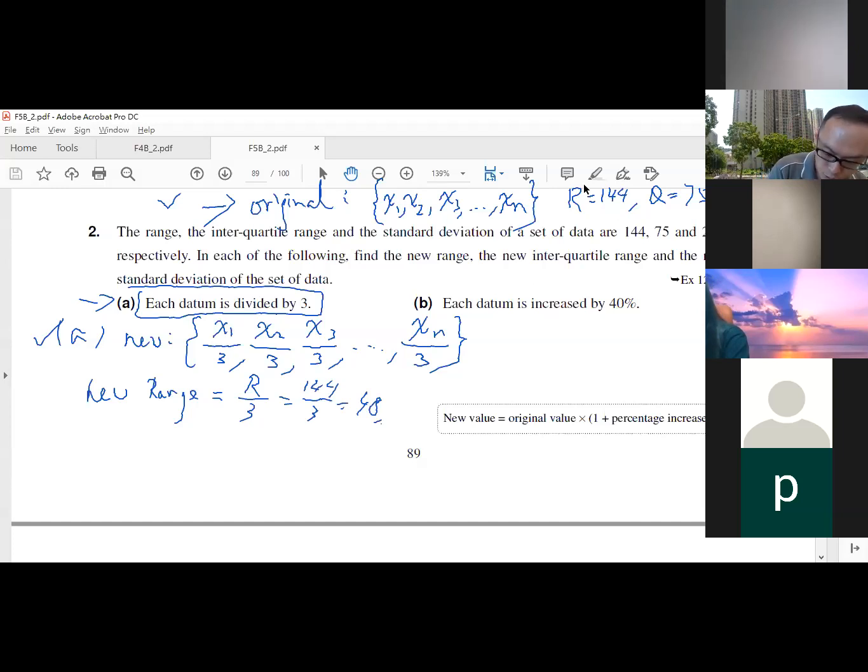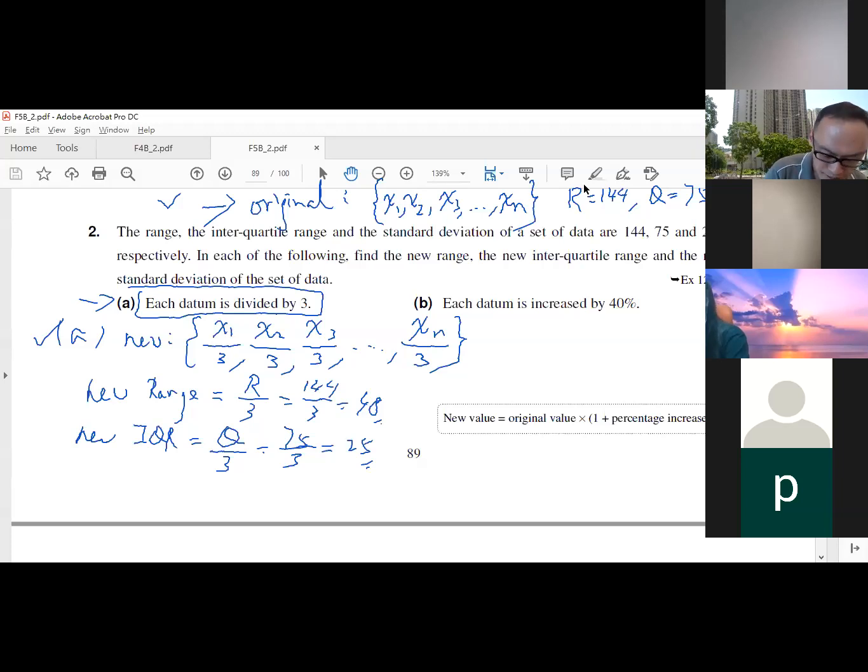Okay, and then the new interquartile range IQR is equal to the original IQR divided by 3. The original IQR is 75. After dividing by 3, the answer will be 25. Got it?